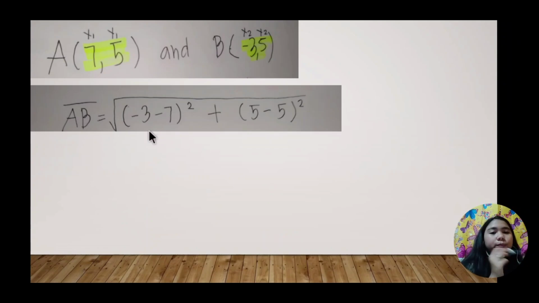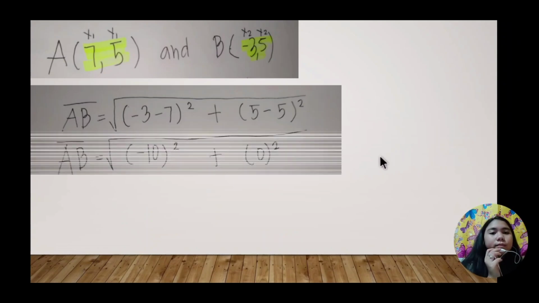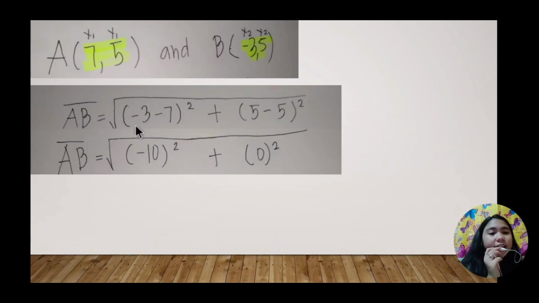So, negative 3 minus 7 is equal to negative 10. And positive 5 minus positive 5 is equal to 0.